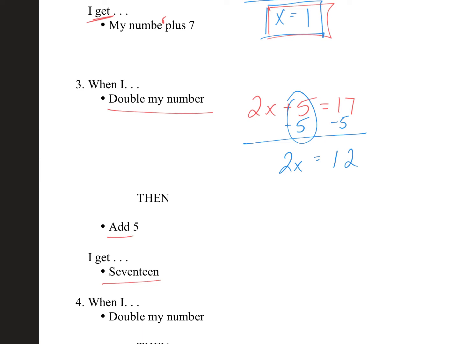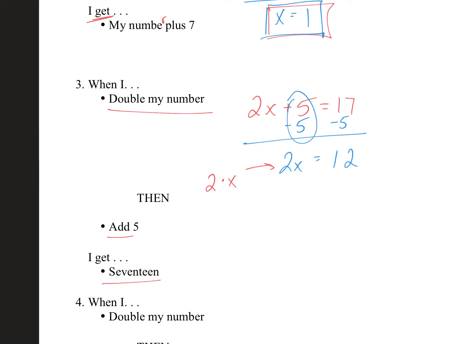So remember, when I have a variable and a number, just like I do here, that's really 2 times x. Up here, to undo addition, I subtracted. Down here, to undo multiplication, I'm going to divide.